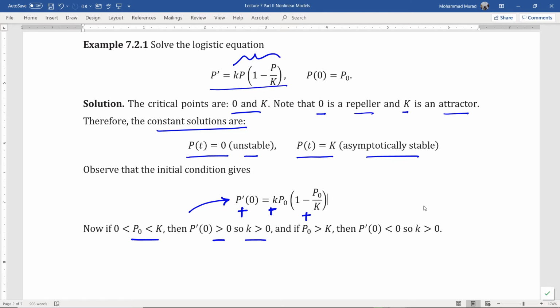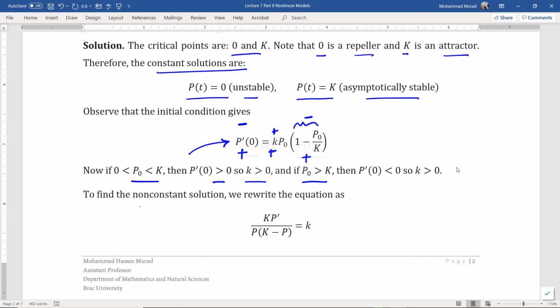Similarly, if the initial population P sub 0 is greater than the carrying capacity, this quantity is negative, and the rate of growth initially must also be negative. The population tends to decrease, so we must have the quantity k also positive. So in every case, we see that k should be a positive quantity.